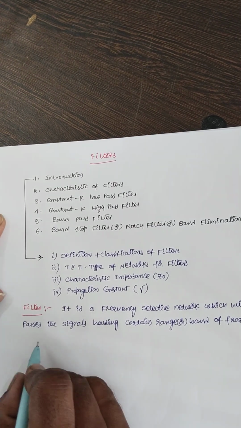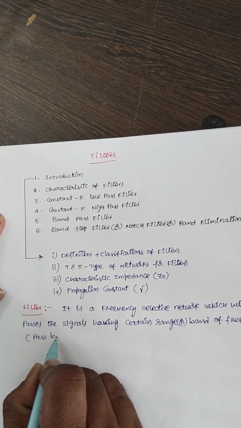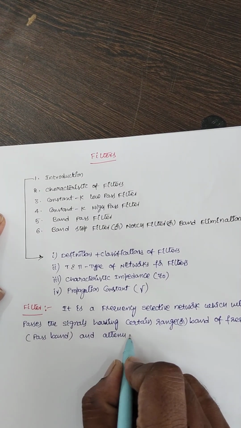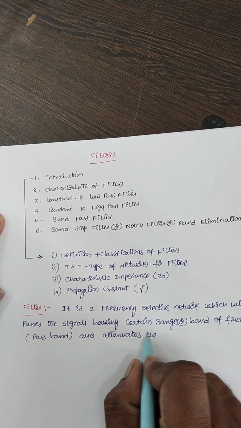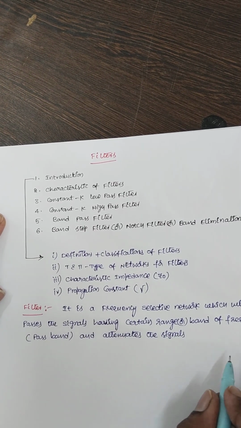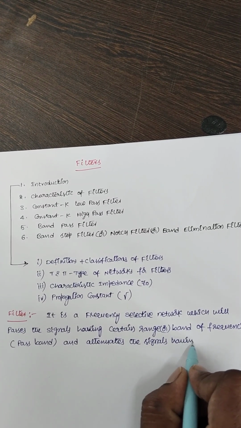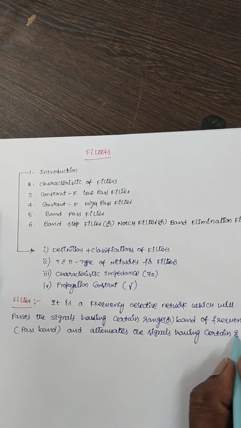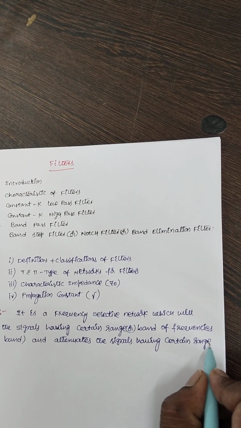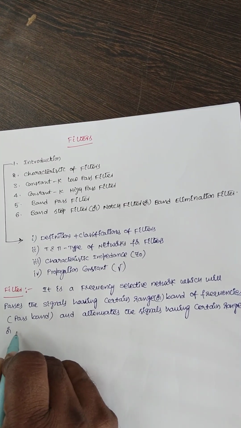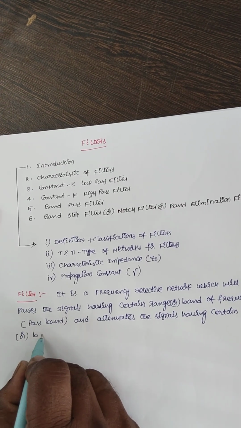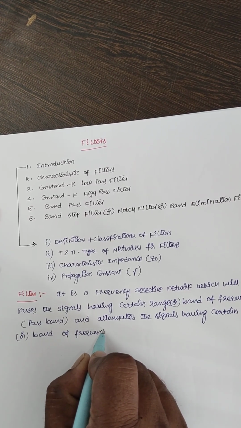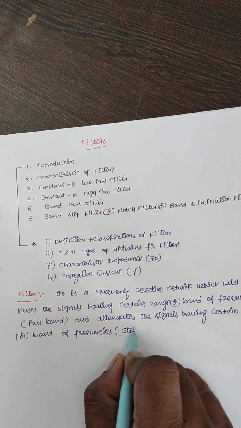So this certain band is nothing but the pass band, and attenuates the signals having a certain range or band of frequencies. This is nothing but the stop band.